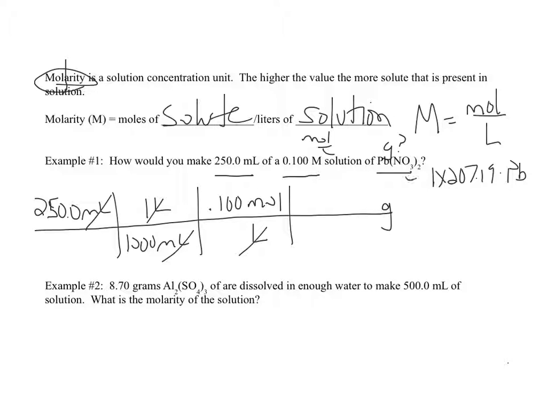For nitrogen, I have to distribute that 2, so I'm going to have 2 times 14.01 for nitrogen. And then for oxygen, I also have to distribute, so I'm going to have 6 times 16 for my oxygen. When I add all of those up, I'm going to get 331.21 grams.